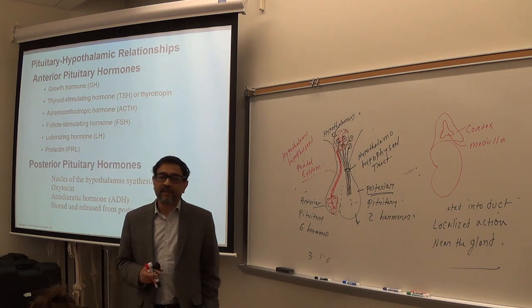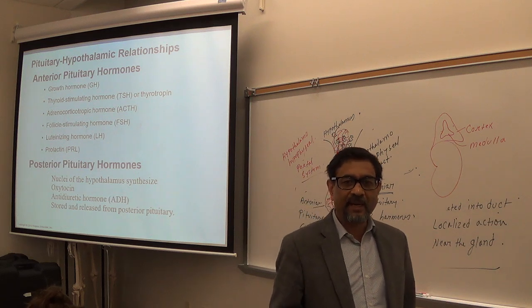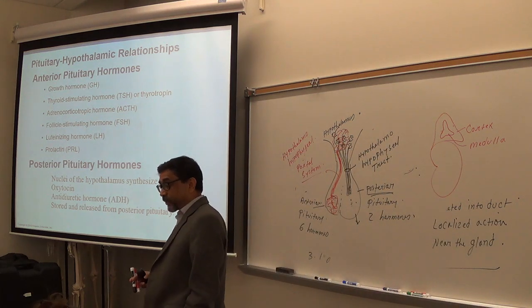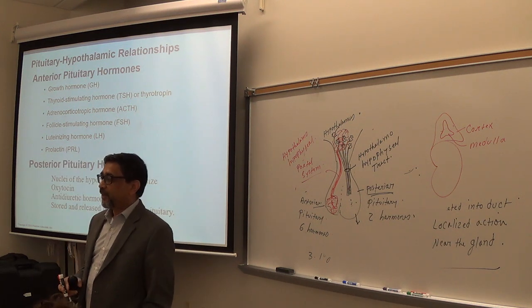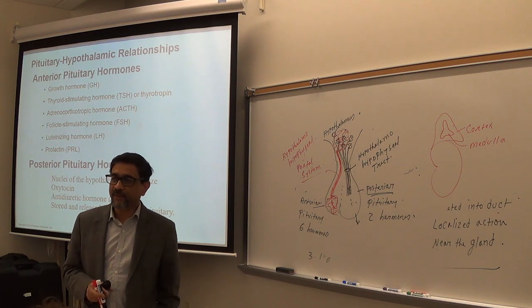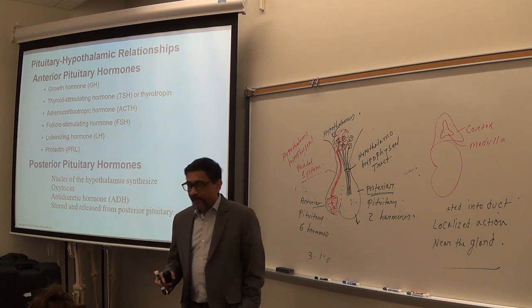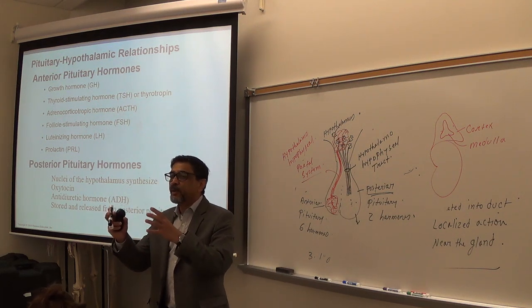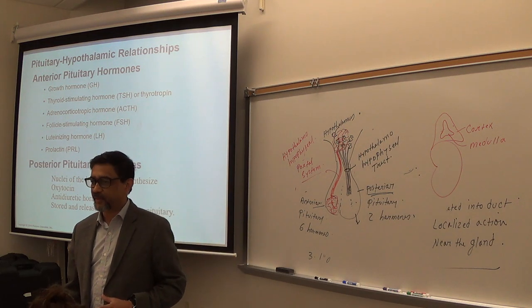Posterior pituitary hormones are oxytocin and antidiuretic hormone, right? Oxytocin is a very important hormone. I will just mention a couple of functions of oxytocin. Number one, it causes contraction of the uterus.